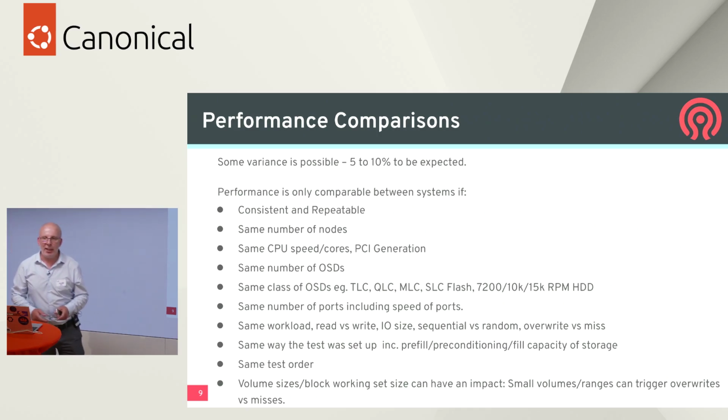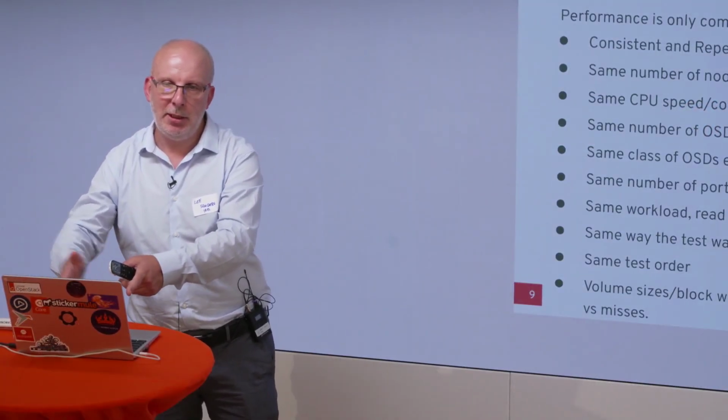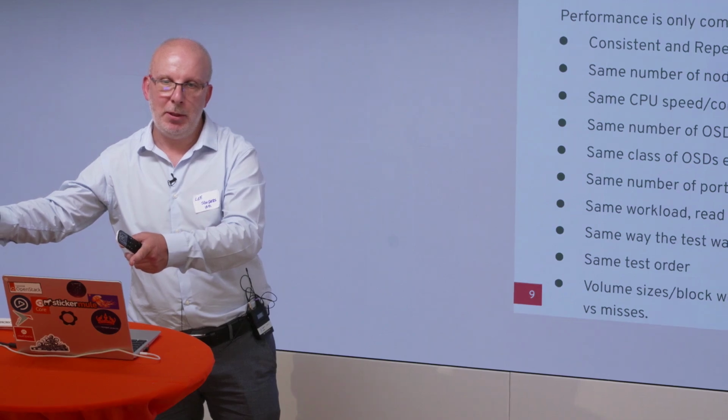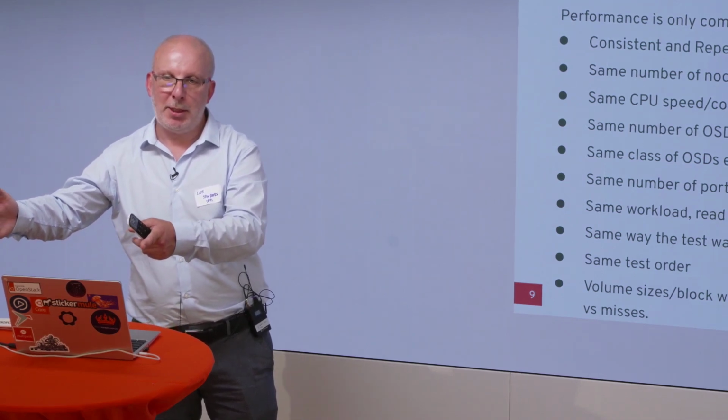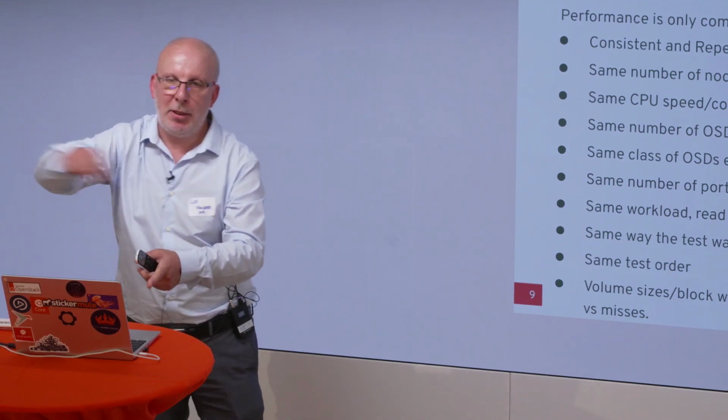So, I'll give you a hypothetical scenario. 100 volumes, 10 gigabytes each. If you're doing random block I/O over those 100 volumes at 10 gigabytes each, you've essentially got one terabyte of working set that you're doing random I/O over.